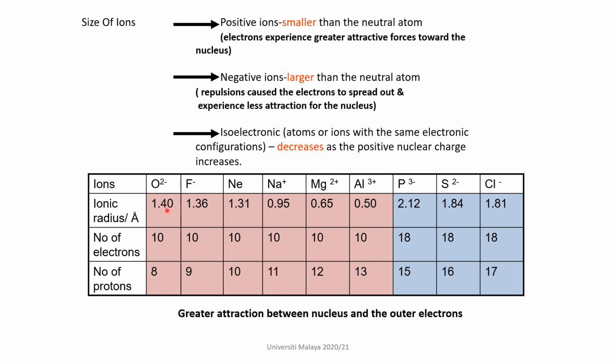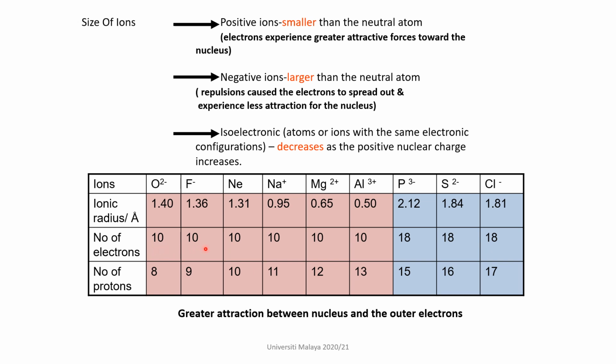For all the ions in red, you can see that the ionic radius decreases from 1.4 angstrom to 0.5. The similarity of all these ions is that they have the same number of electrons.